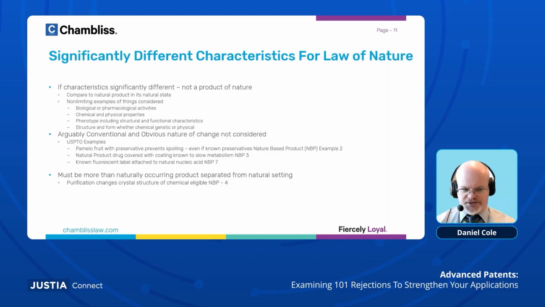You're taking a known fluorescent label, you're attaching it to a natural nucleic acid. Naturally, this nucleic acid does not fluoresce. You're making it fluoresce. It's different than it is in nature, so you're not going to run into 101 problems. Quite possibly, you're going to run into obviousness problems.